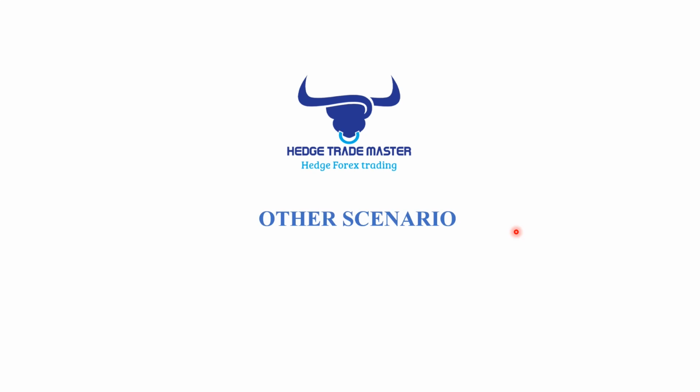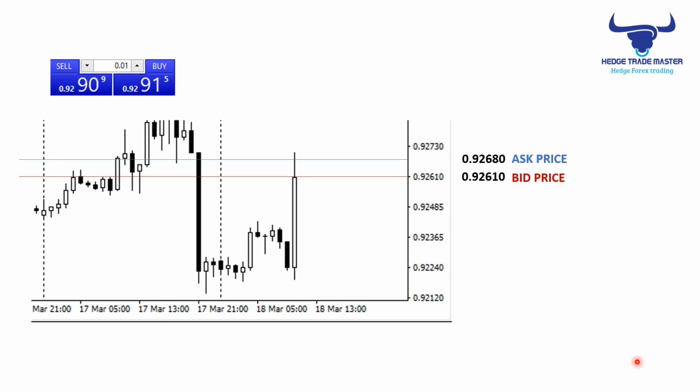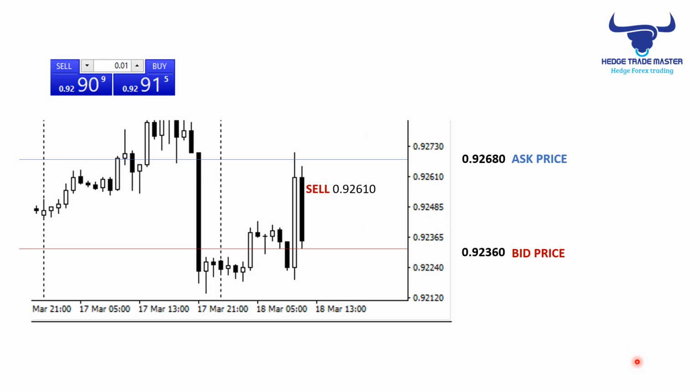Now there are some other scenarios which we have to take into account. If you sell at this price level and the asking price does not move, that's what we call the spread widens, you are at a loss, because when you subtract the sale price level against the asking price still up, you are still at a loss.